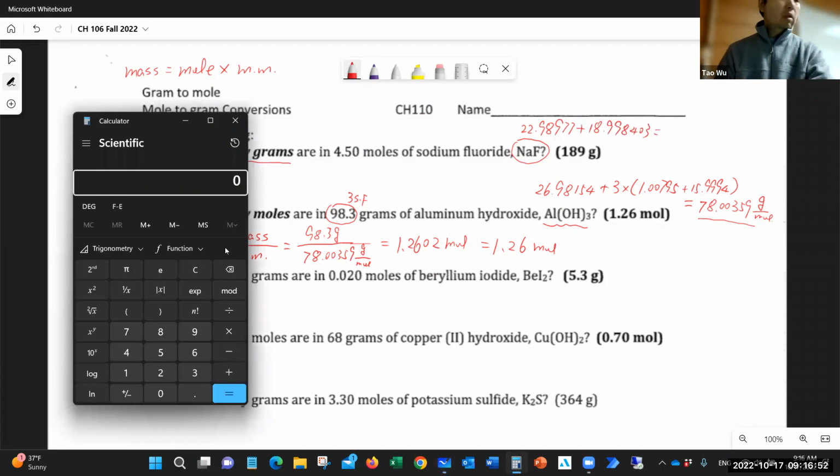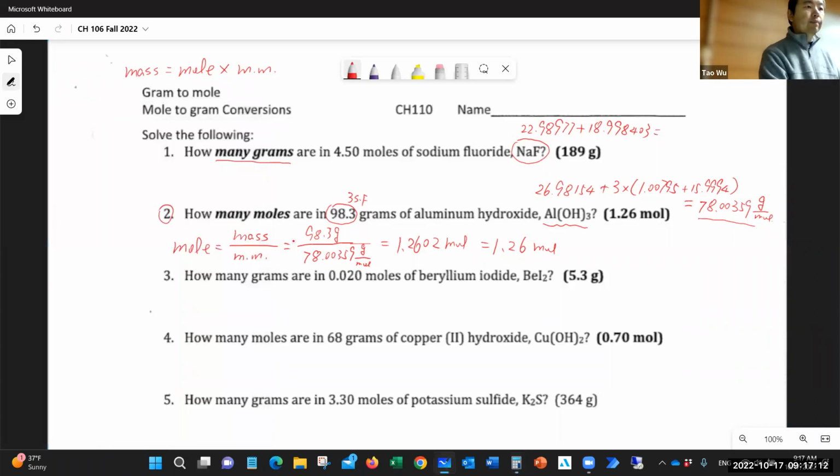So 22.98977 plus 18.998403 gives 41.988173. This is gram per mole, the unit. That's the molar mass of sodium fluoride.